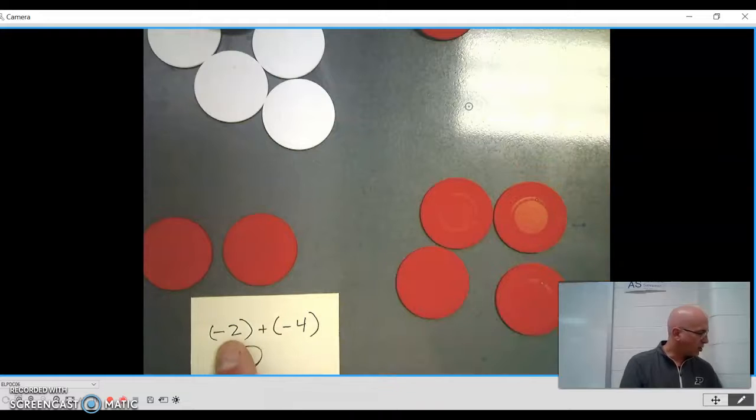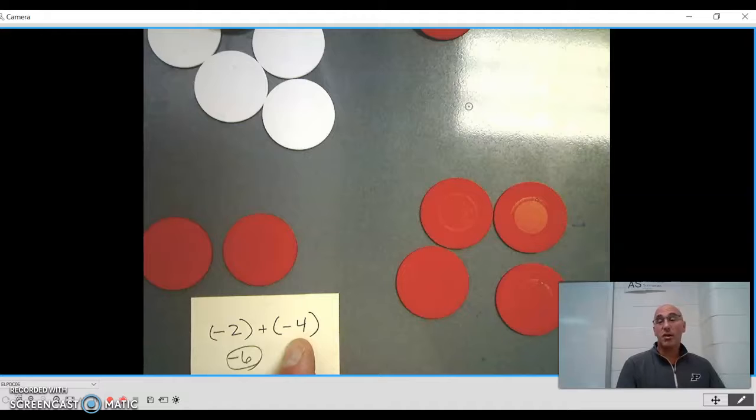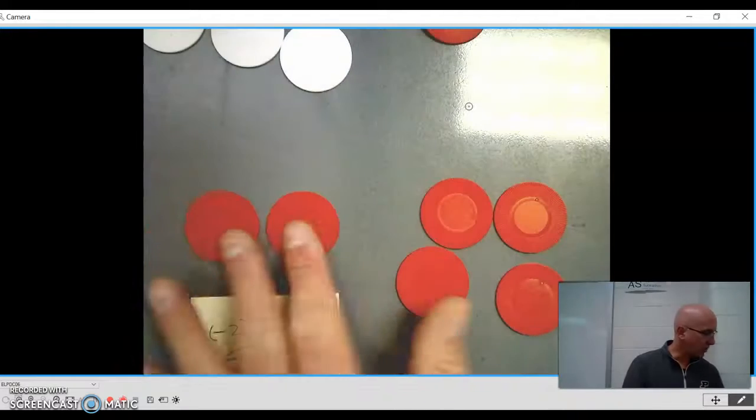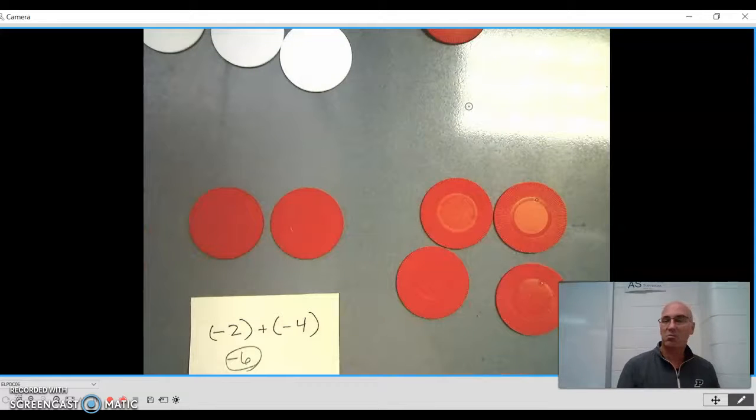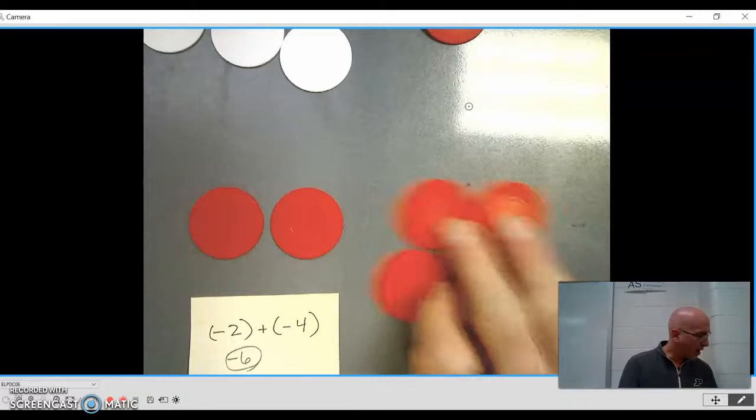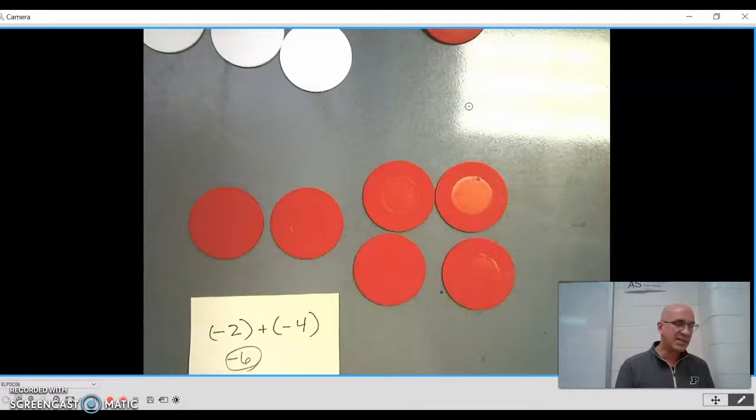So I've got 2 red chips, because it's negative 2, and 4 red chips for the negative 4. So now I'm going to start pulling off pairs of white and red chips. But I don't have any. So I can't pull any off. So what I have left are 6 red chips, which is -6. Wow, look at that.